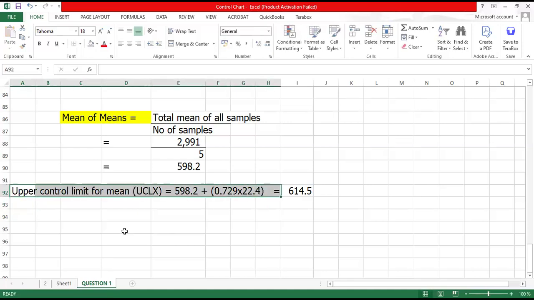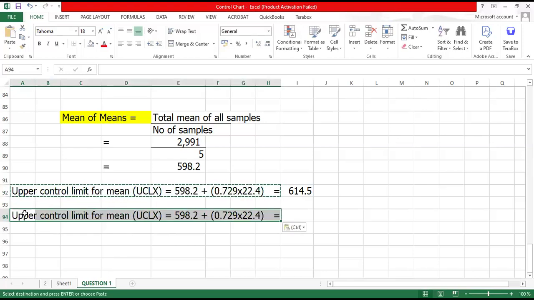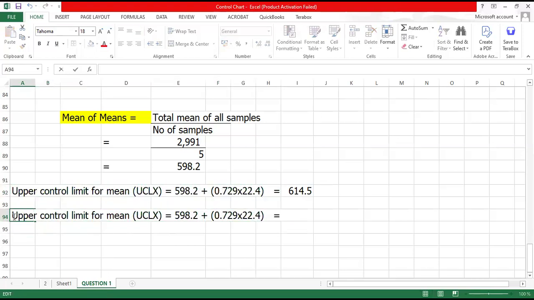Where there is a plus, I put a minus. Here you put the word lower limit. So what do you get? 581.87, okay, 0.9.